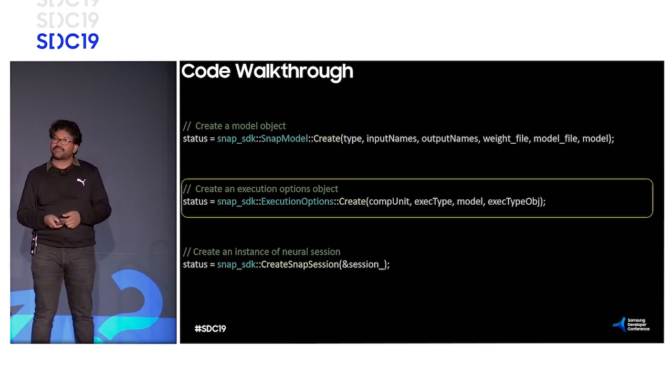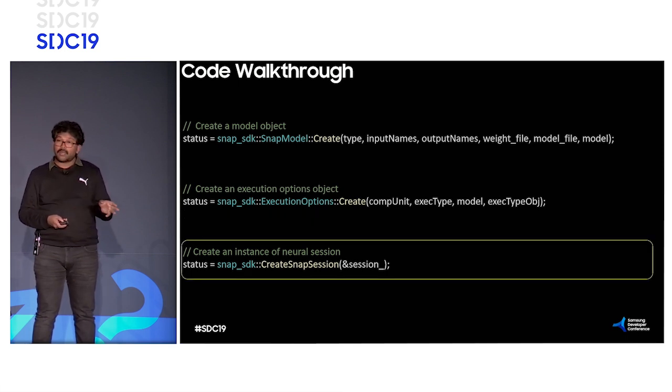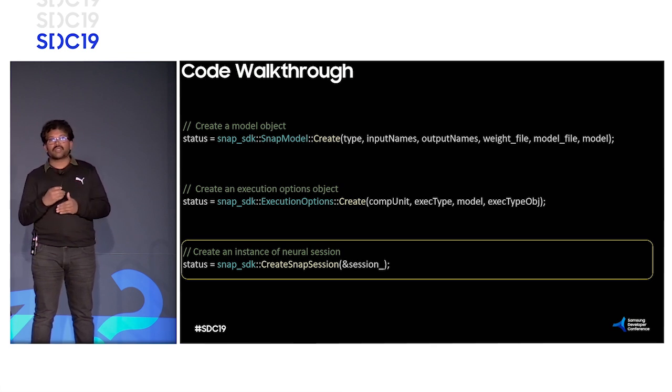I have mentioned that you can select CPU, DSP, and also precisions. You can pass those here and create a session. With this, it establishes communication between the application and Samsung Neural.